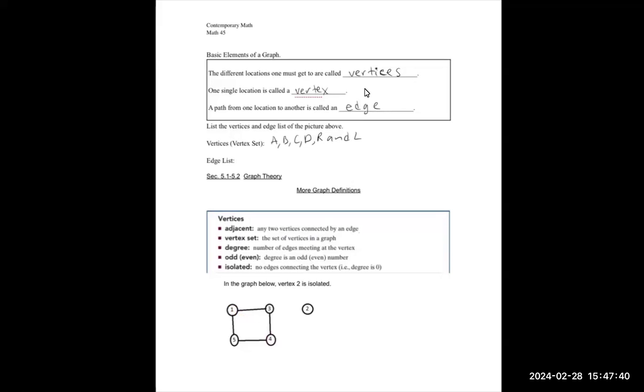So 1 and 3 are adjacent, 3 and 4 are adjacent, 5 and 4 are adjacent, and 1 and 5 are adjacent. The only ones that are not adjacent are the ones across from each other: 3 and 5 are not adjacent, and 1 and 4 are not adjacent.